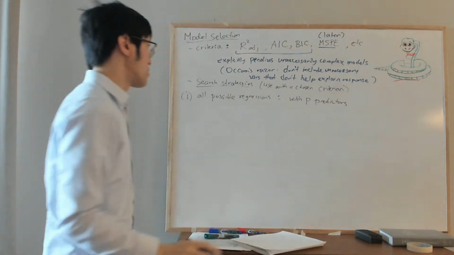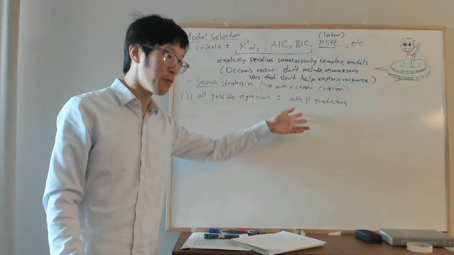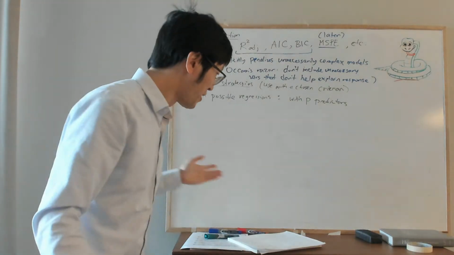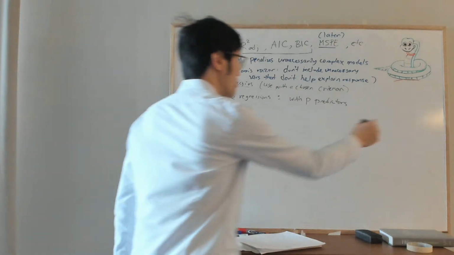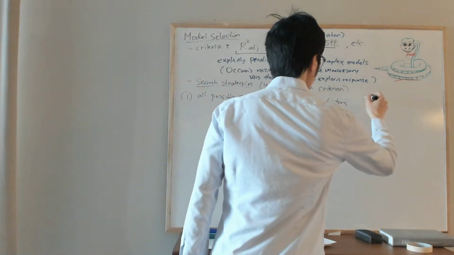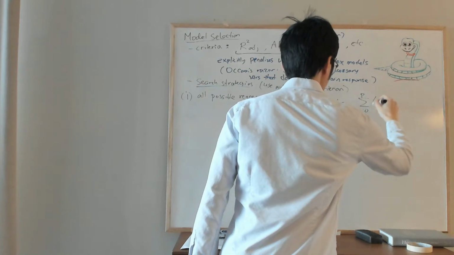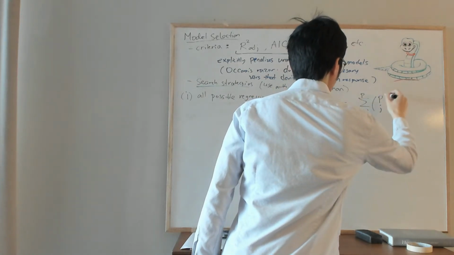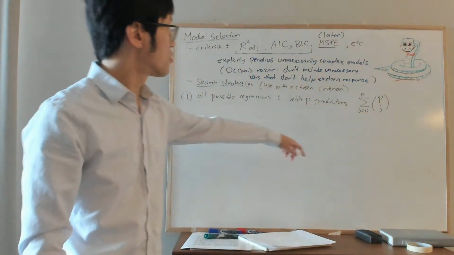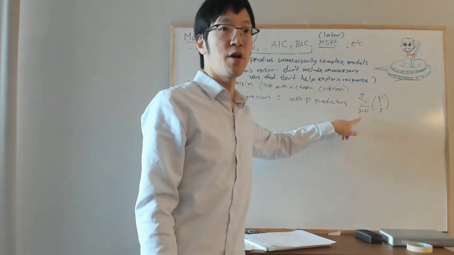At the end of last lecture, I counted for you how many possible regressions there are. I'll rewrite that sum and recap it. This is the number of possible regressions: P choose J for all values of J from 0 to P.